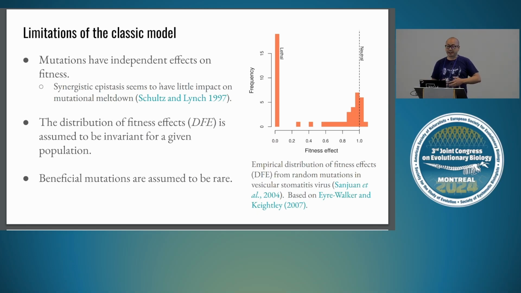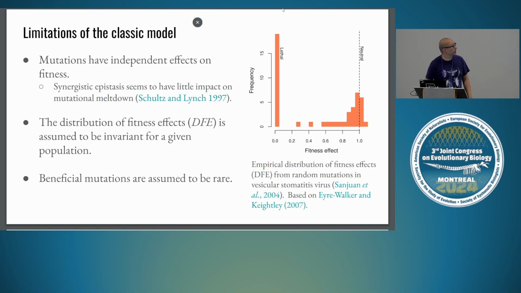We're also assuming that the distribution of fitness effects is invariant, that it's not going to change with the accumulation of different mutations. And generally, we assume that beneficial mutations are rare. So you have the back mutation available for a given deleterious mutation, but we're assuming that there are not that many sites elsewhere in the genome that are going to restore fitness.